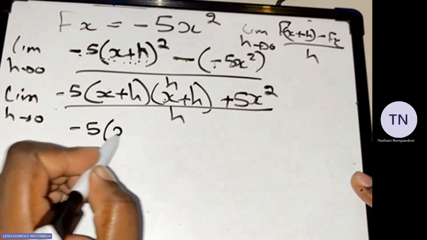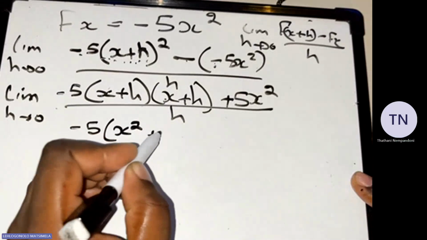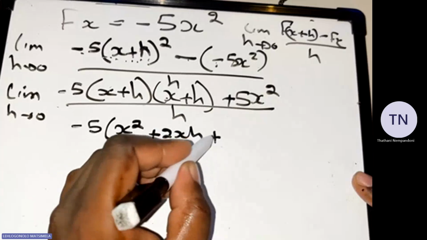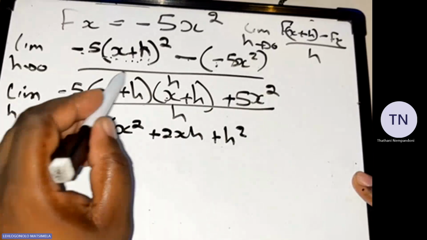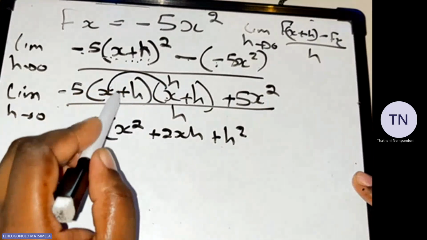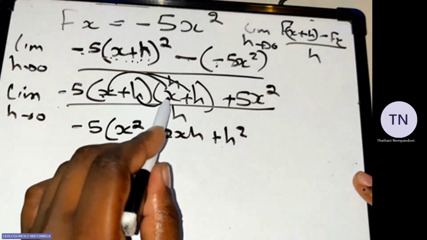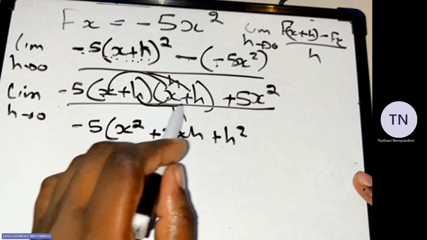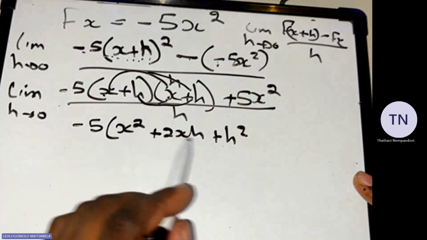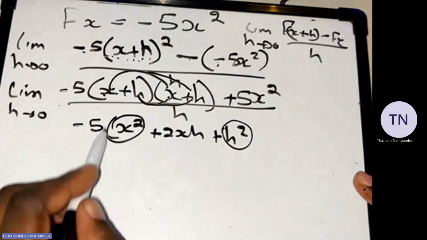And then I will simplify the brackets one. I will just make the shortcut, which will be 2xh plus h squared, because when I say x times x, it will be x squared, and then x times h, it will be 1xh. Then again, x times h, it will be 1xh. Then h times h, it will be h squared. This is the h squared, this is the x squared.